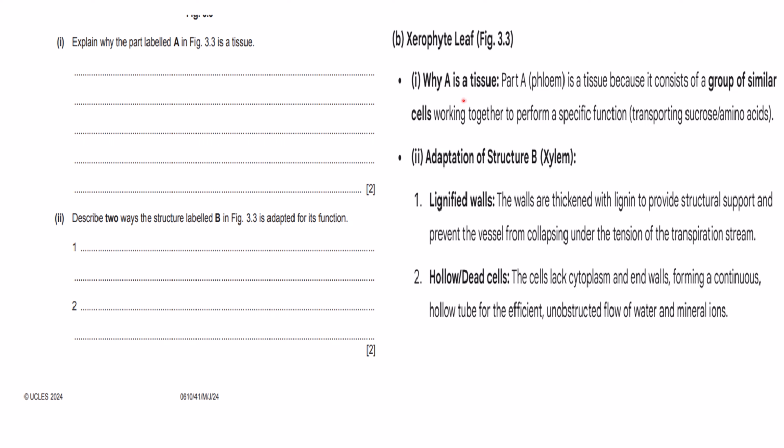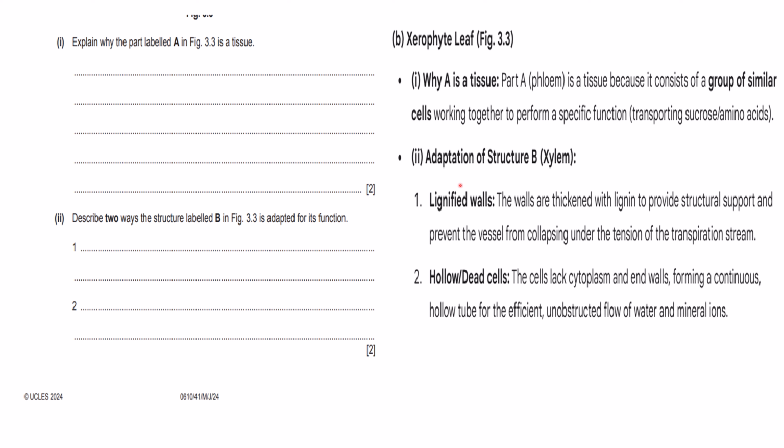Part 1, why A is a tissue. Part A, phloem, is a tissue because it consists of a group of similar cells working together to perform a specific function, transporting sucrose and amino acids.